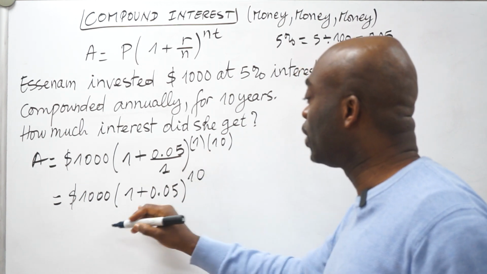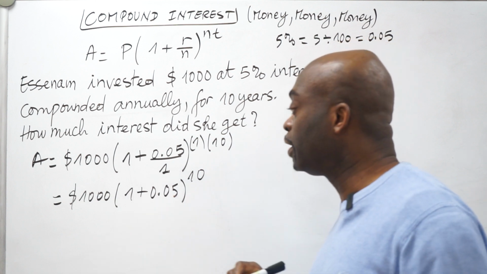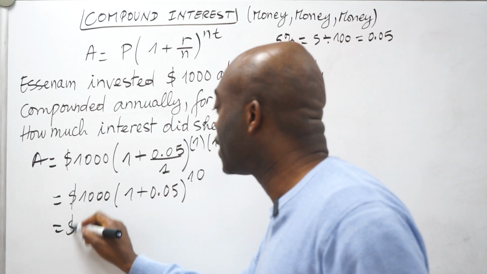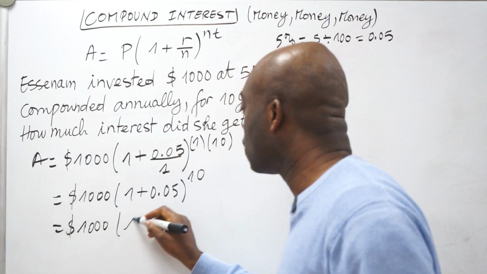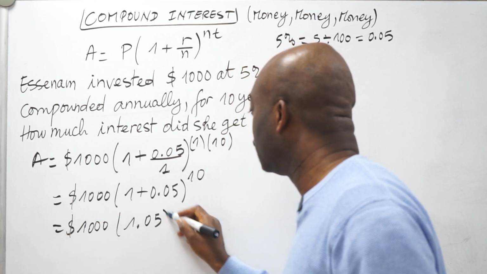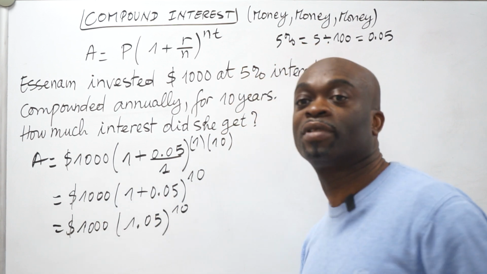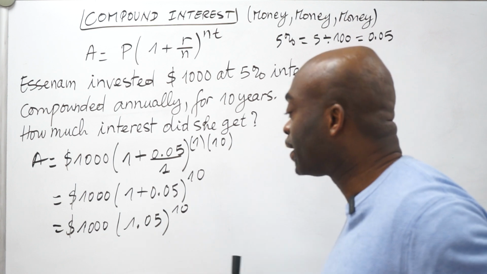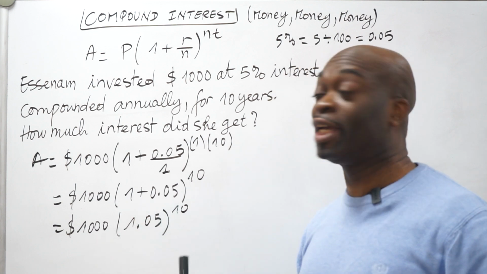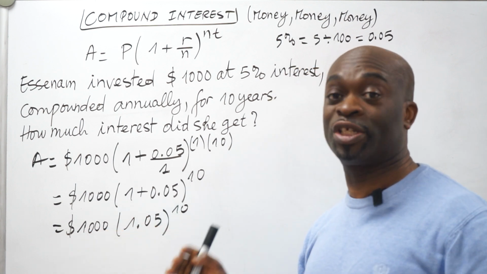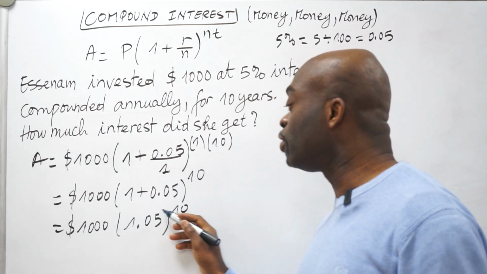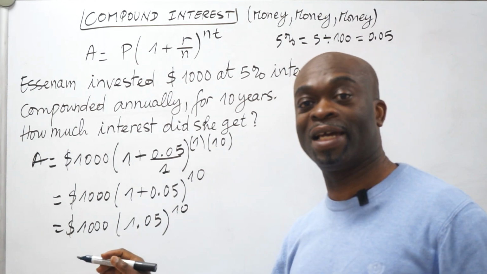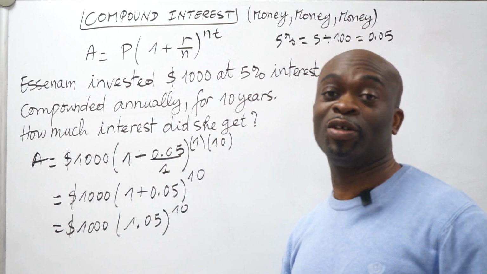Then we can combine this in the parentheses. So that is 1,000 times 1.05 to the 10th power. Now we can use our calculator. There are calculators which can do it straight across. Or if you don't know how to do it straight across, you can do the power and then multiply, using the BODMAS or PEMDAS rule.